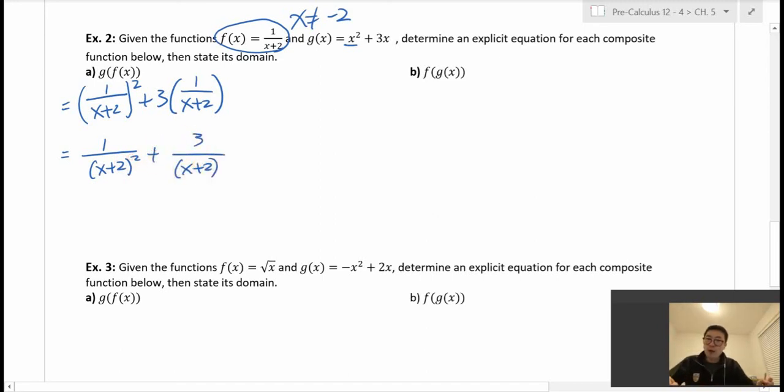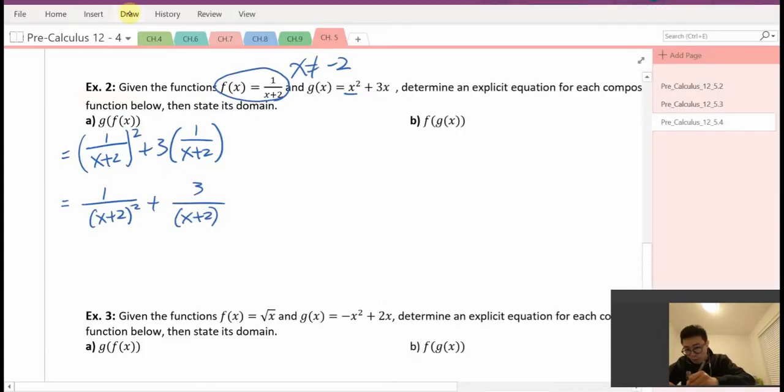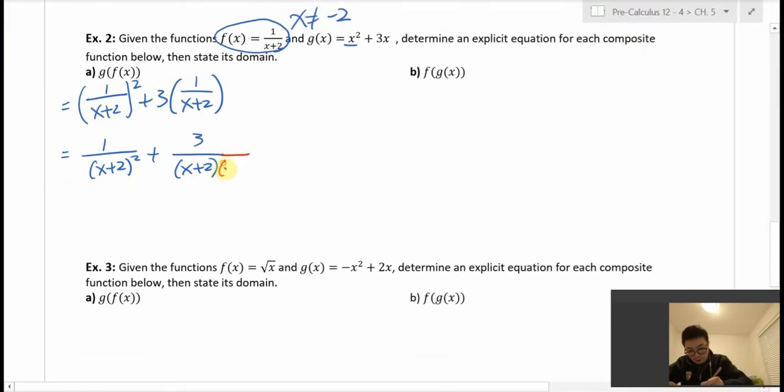Now, we have fractions, so we can add them by having a common denominator. And recall, if we want a common denominator, then I just need to multiply the second fraction by x plus 2 over x plus 2. Then I will end up with 3x plus 6, and then plus 1, so plus 7 over (x plus 2) squared.